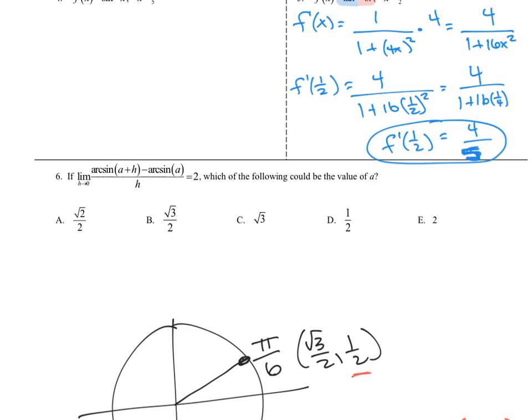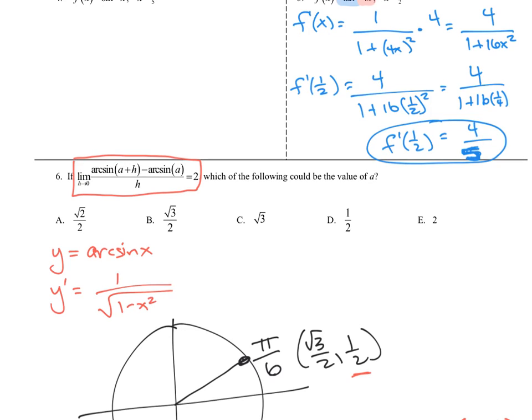So again, when I see this notation of the limit as h approaches 0 of this difference quotient, that tells me that I need to pick out the function. And the function would be arc sine of x. That I need to take the derivative of that function. And up above, again, that was 1 divided by the square root of 1 minus x squared.